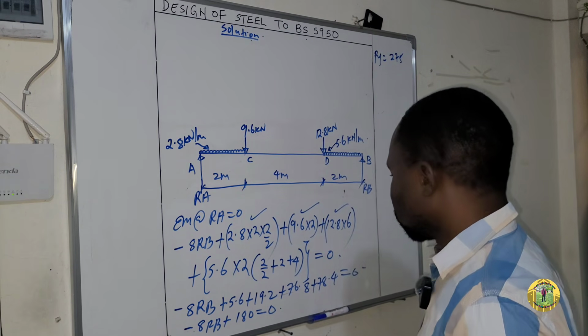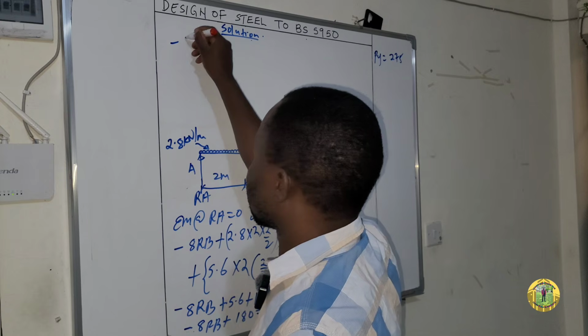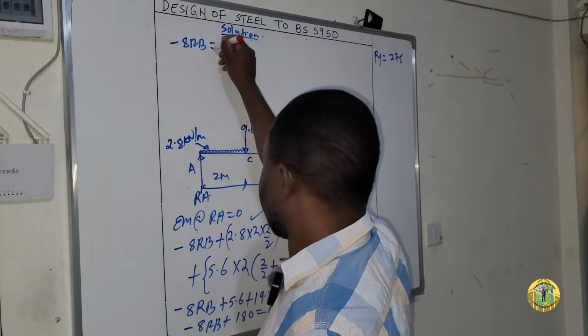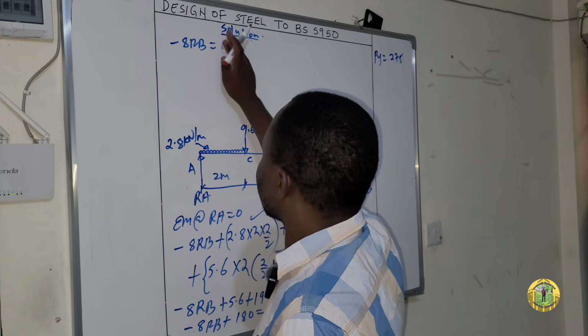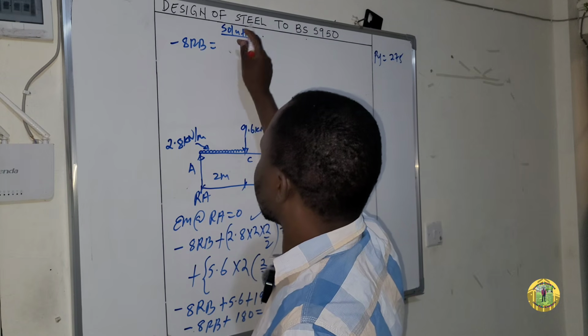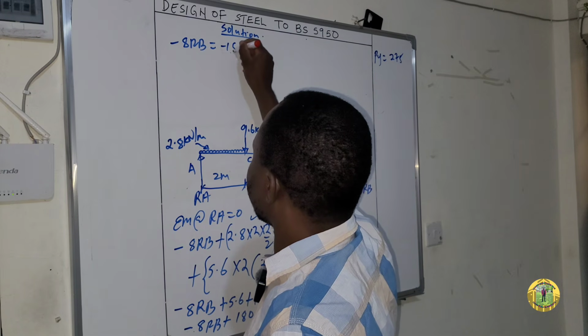So we have minus 8 RB is equal to minus 180.